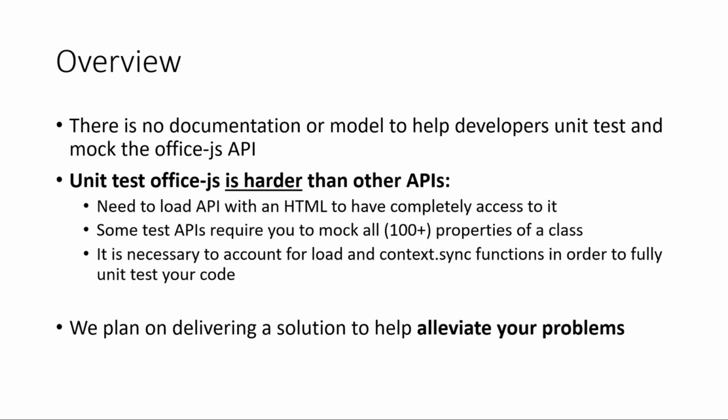The other problem I faced is that sometimes it's necessary to account for load and context sync functions, which are very common in the code, to load properties and sync them with the Office platform. It's really necessary to test where and when they are called, and this is hard to do with normal unit testing APIs.